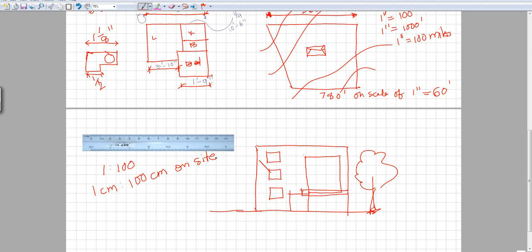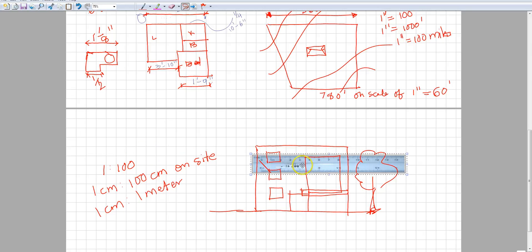Okay, so 1 centimeter is equal to 100 centimeters, which is how much? It's 1 meter. Okay, so that's our 1:100 scale. So if I have to measure this distance or draw this, I would take my scale, put it right there, and try to measure it.